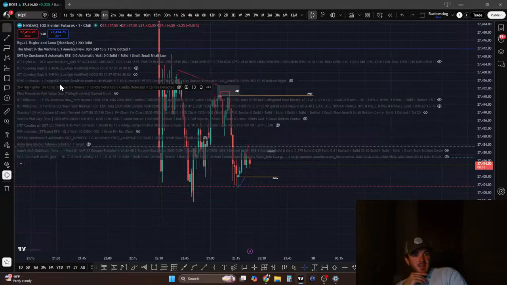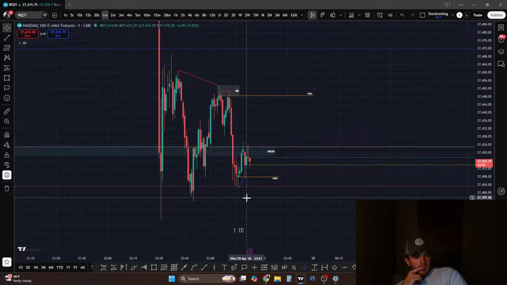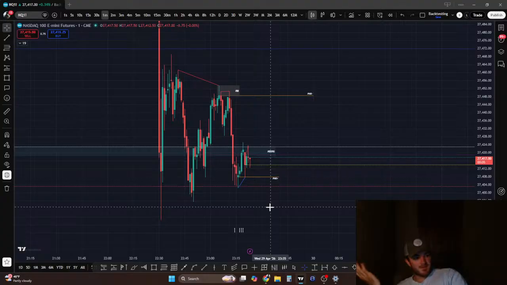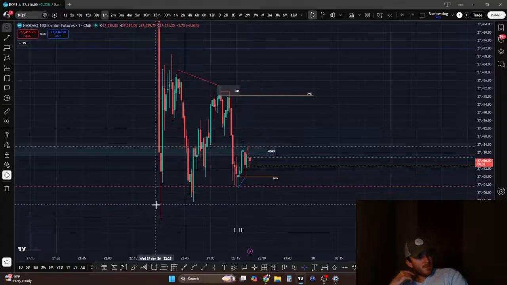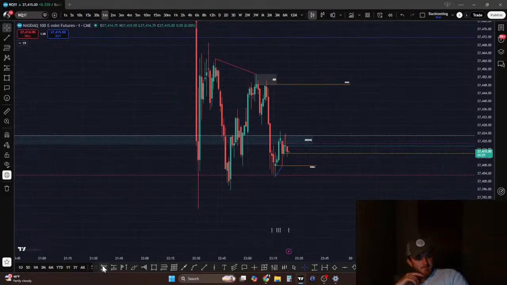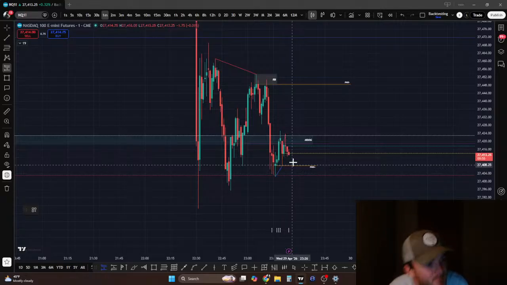I'll just tape read this. I don't want to take it. I don't feel like it. But it's not, that thing is not a precision swing point, so. You can take it. No, you can take it.